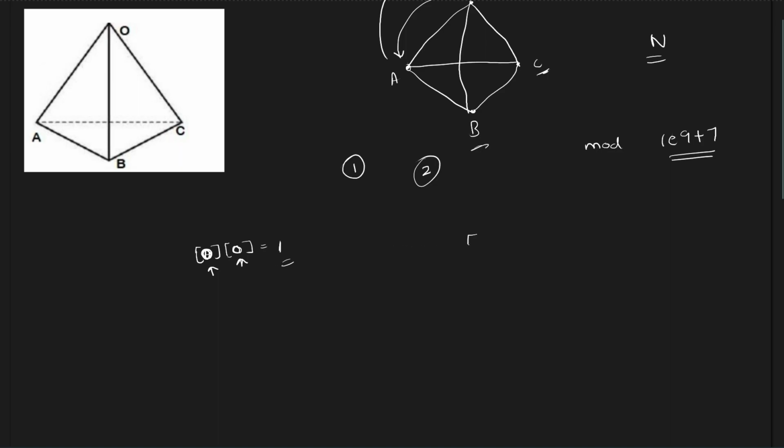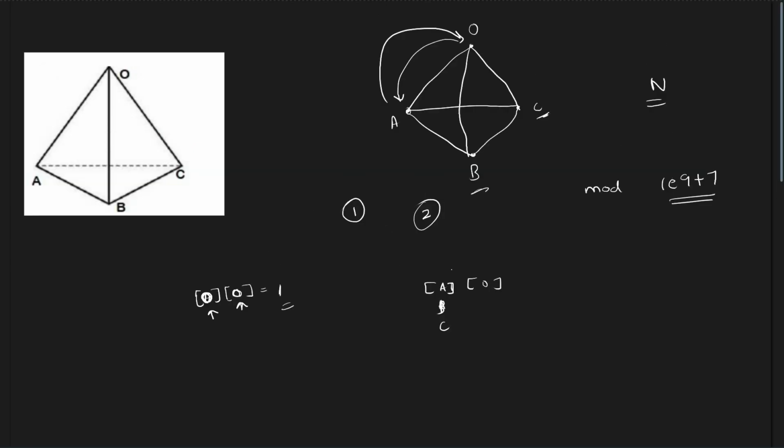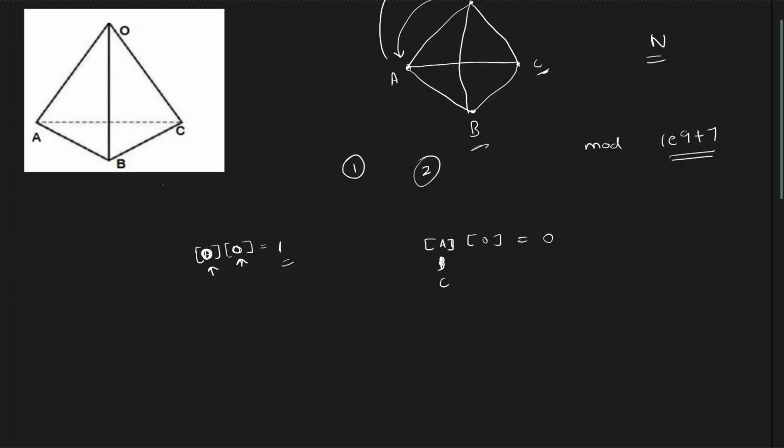If I have 0 steps left and I am at any other position, A, B or C, my answer would be 0, because by utilizing 0 steps I cannot do anything, right? This is my first intuition.